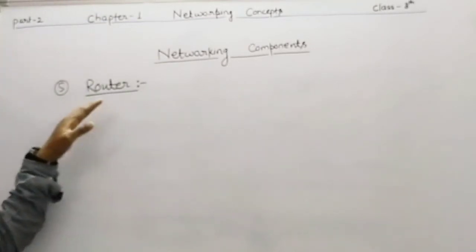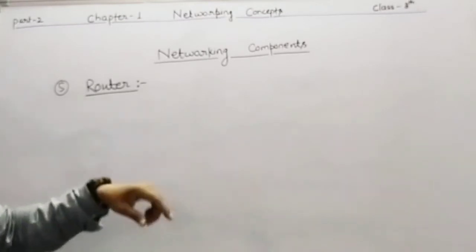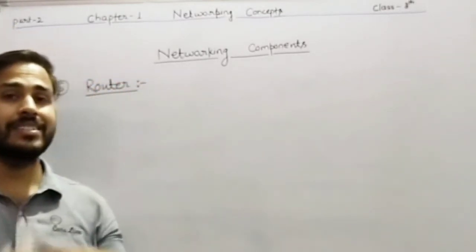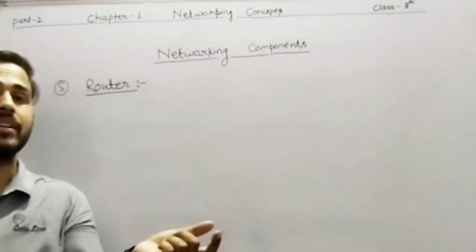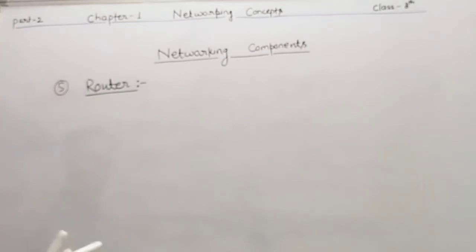But while transmitting the data, the router selects the shortest path and sends the data very quickly from one port to another port. Okay?